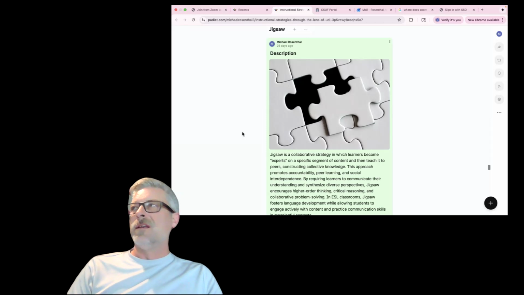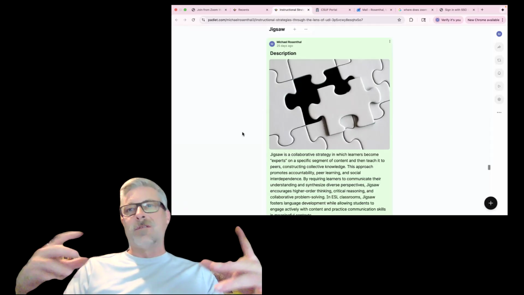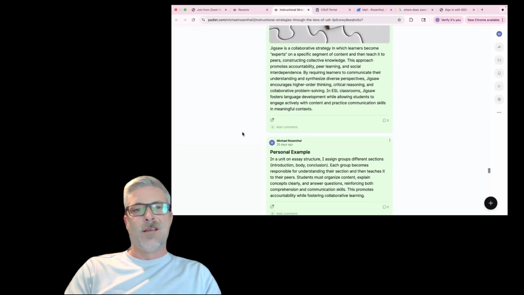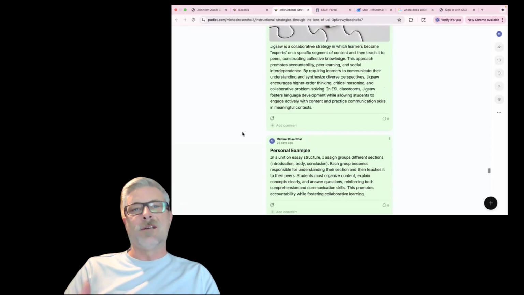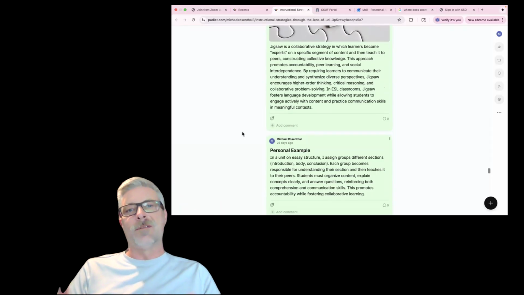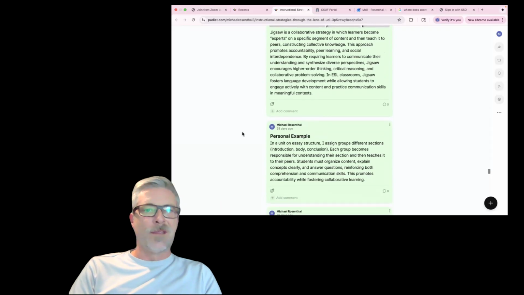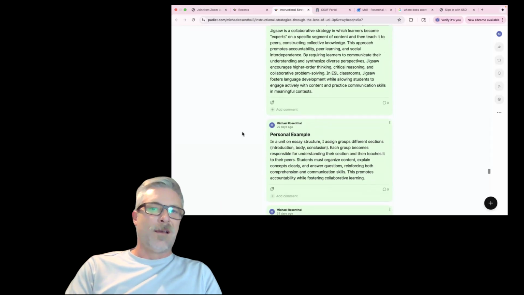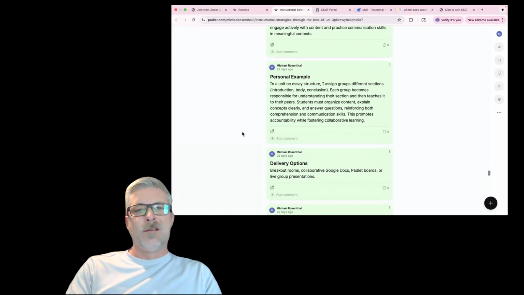And so it's a very good way of having the whole class construct knowledge in that way. So the learners become the experts on a specific segment of content. And so it promotes accountability and peer learning and social interdependence. And it also helps them to synthesize diverse perspectives.